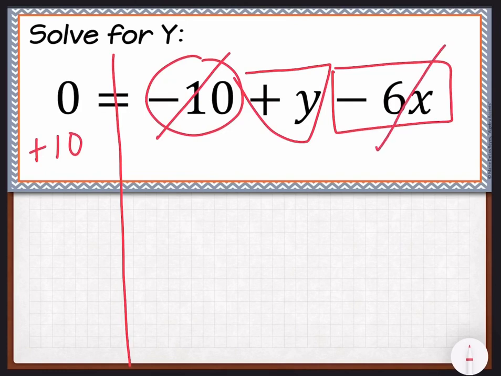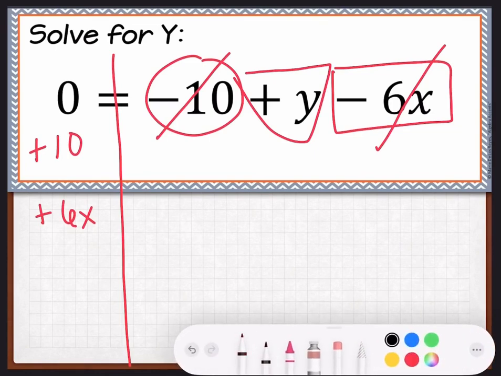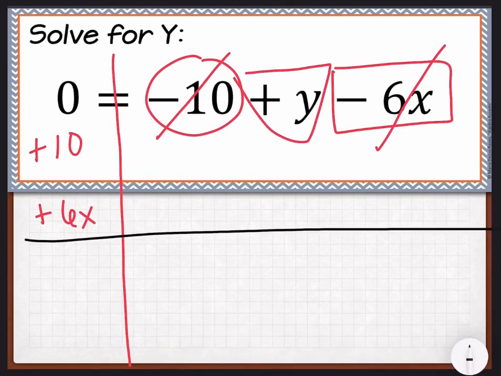Cross the line, change the sign, that makes this plus 6x. Now let's look to see what I have. Here's my equal sign. I have my y on my right side. It's already by itself. On the left side, I'm going to drop down the 6x, and I'm going to drop down the plus 10. And then you'll notice it's the exact same thing.